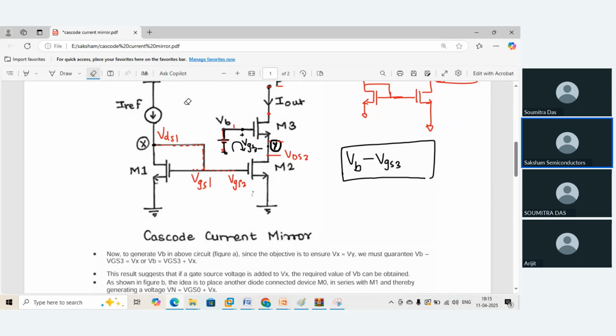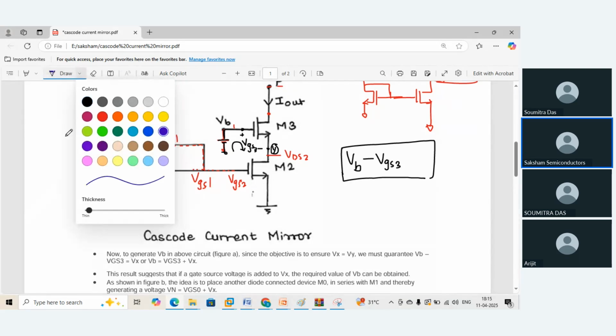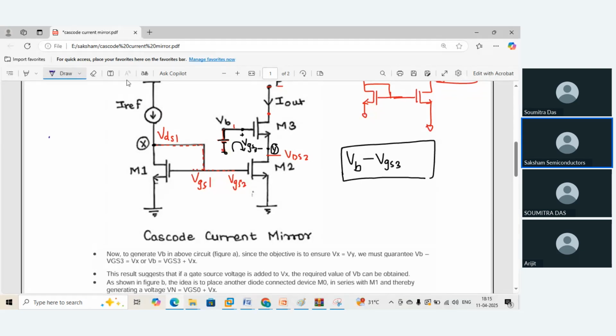If I apply a loop equation over here, you have to ensure that you remember the entire loop equation concept. So this is basically your node Y, and I'll use another marker. I'll carefully write over here. This is VGS3. So if you apply KVL over here, how do you write it?